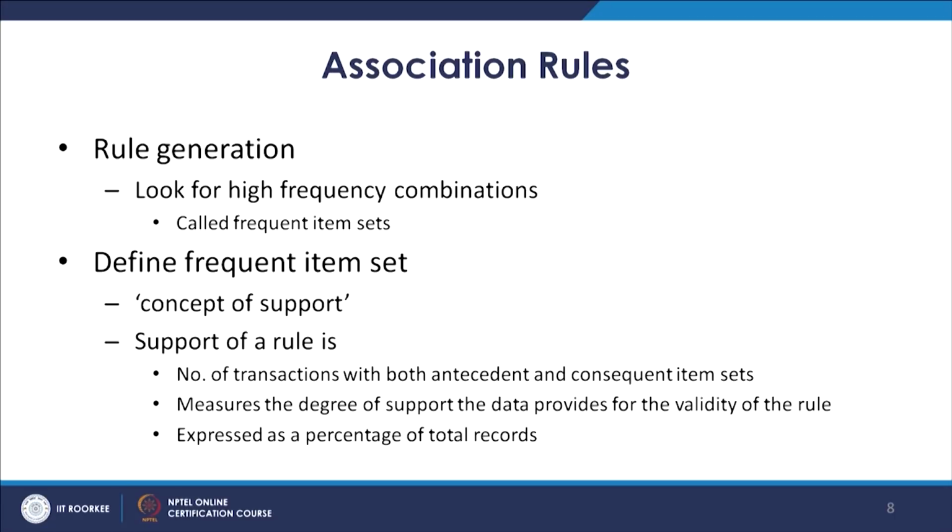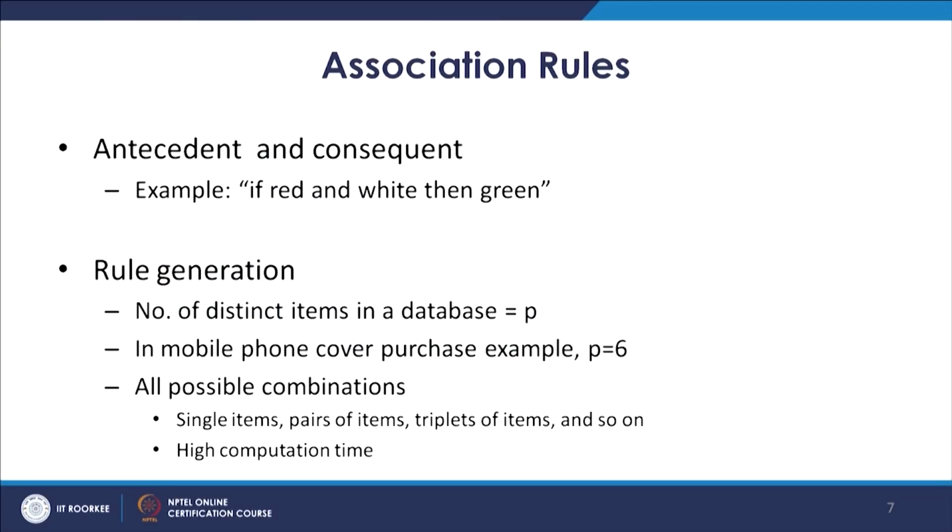We have to see the number of transactions in our database which have both the antecedent and consequent item sets. For example, if we go back to the example we discussed, if red and white then green, red and white form the antecedent item set, and green is part of the consequent item set.